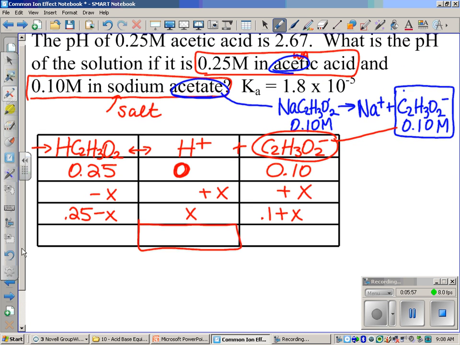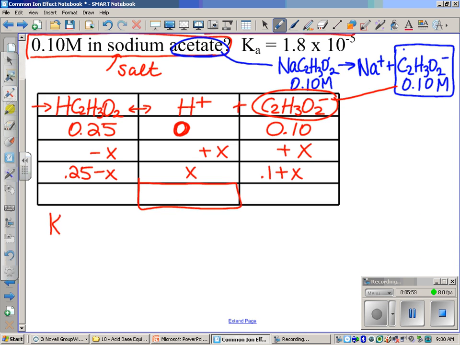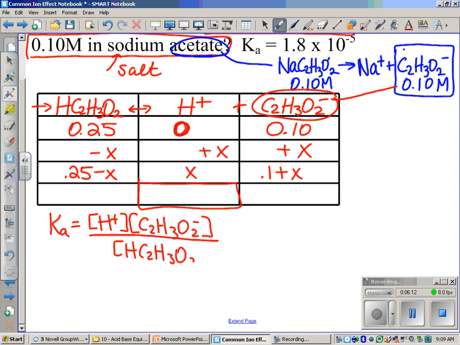So we're going to use the Ka. This is an acid problem, so Ka is the appropriate equilibrium to be using. So Ka is H plus times C2H3O2 minus all over HC2H3O2.